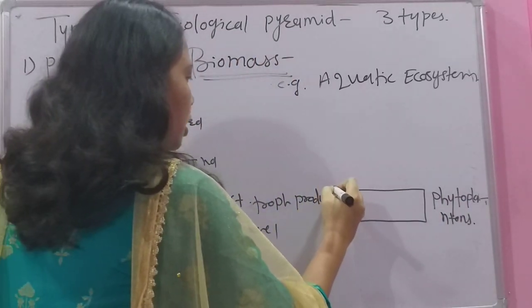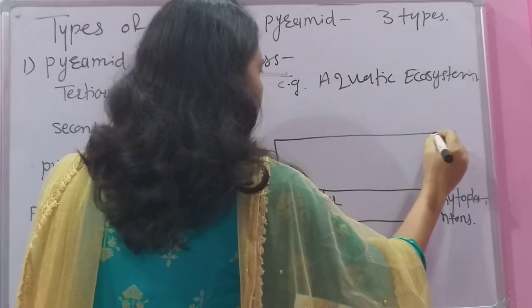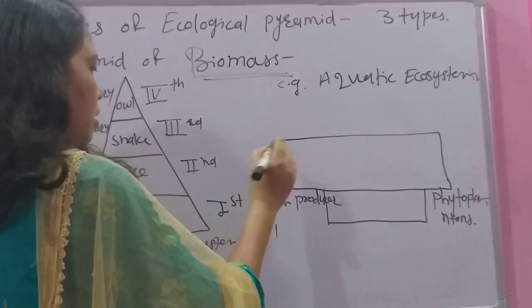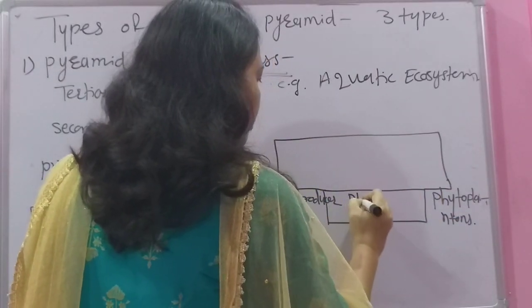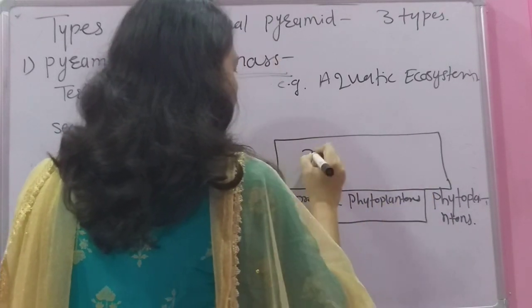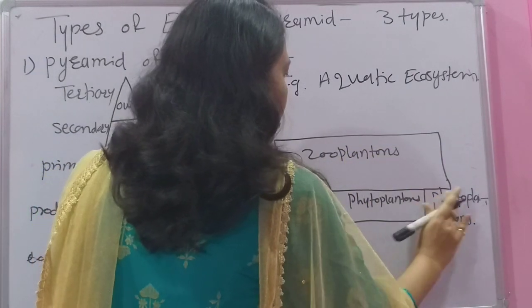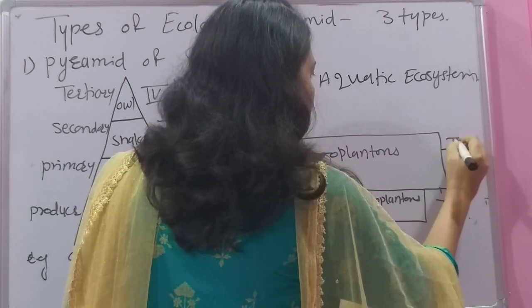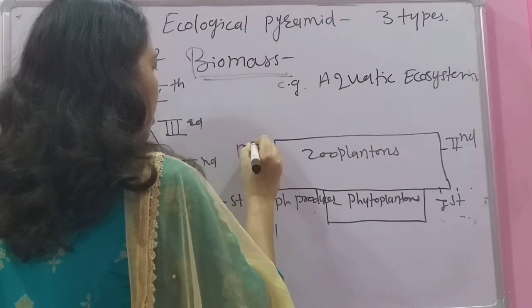And on these phytoplanktons depend the zooplanktons. These zooplanktons are the second trophic level, the primary consumers.